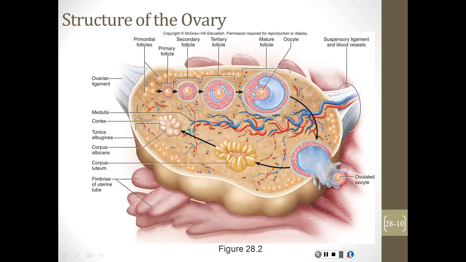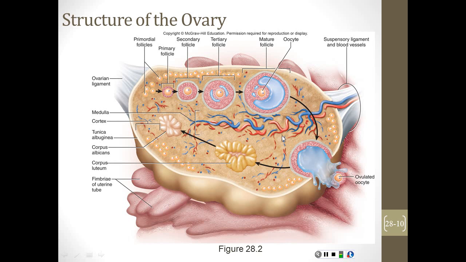So this area would be your central medulla, and then this outer area will be your outer cortex. Okay. Now the ovaries lack ducts. So you see they don't have any ducts within them, comparable to the seminiferous tubules. Instead, each egg develops in its own fluid-filled, bubble-like follicle. Okay, here are these little follicles.